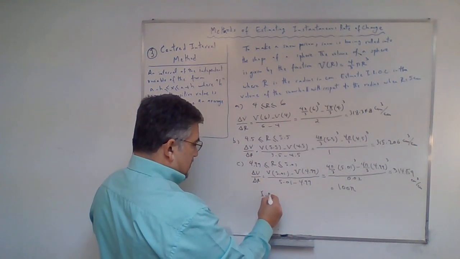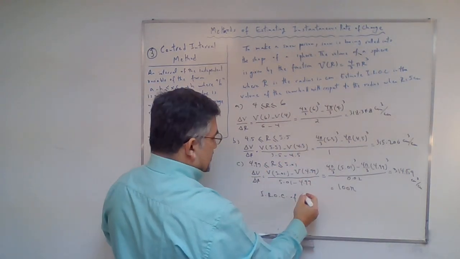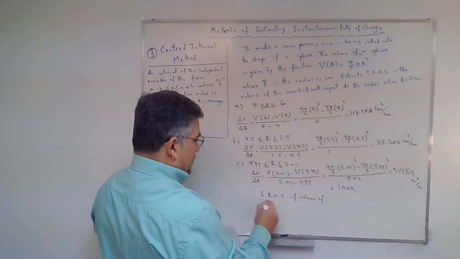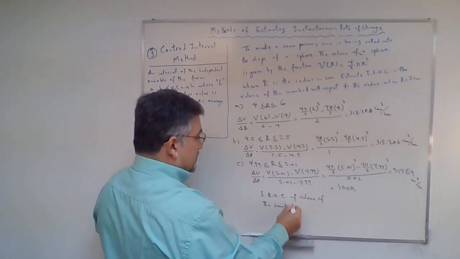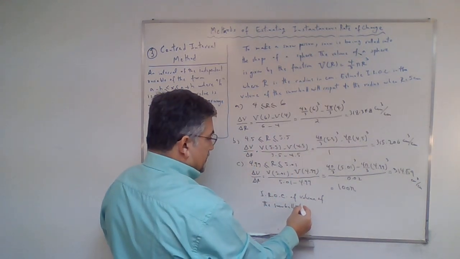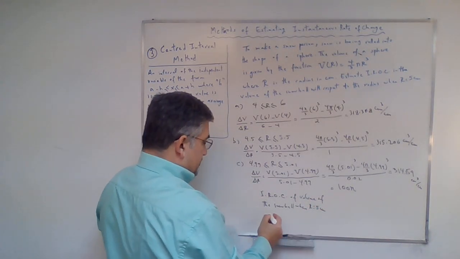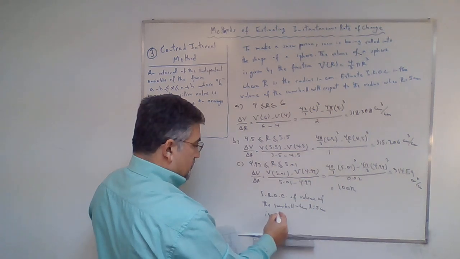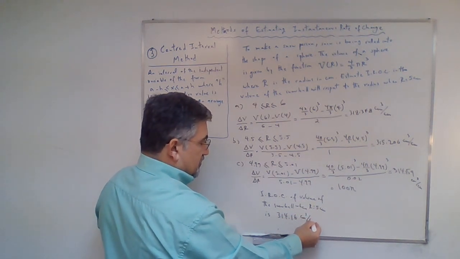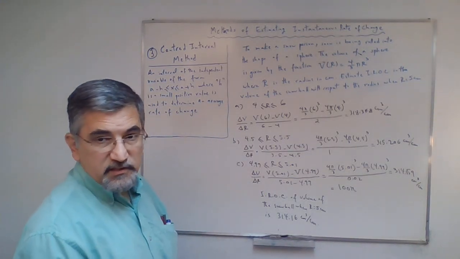So the instantaneous rate of change of the volume of the snowball, which is a sphere, when r equals 5 centimeters is, I would say, 314.16 cubic centimeters per centimeter. So I would select my last answer.